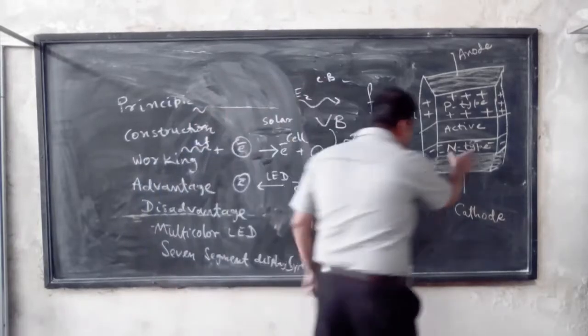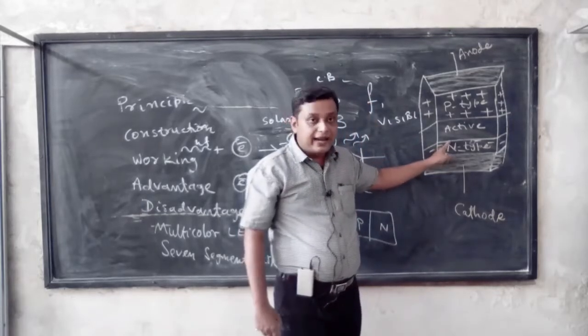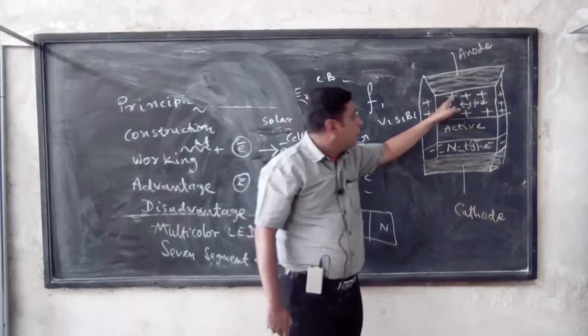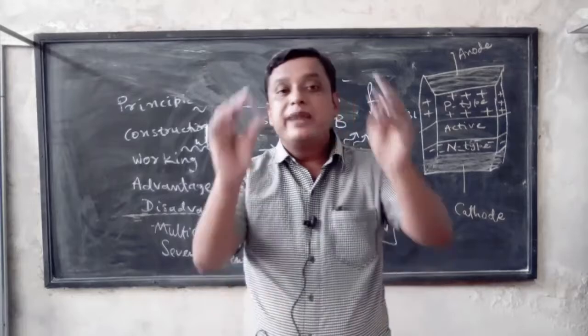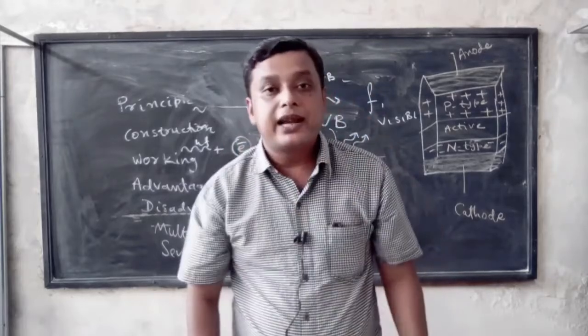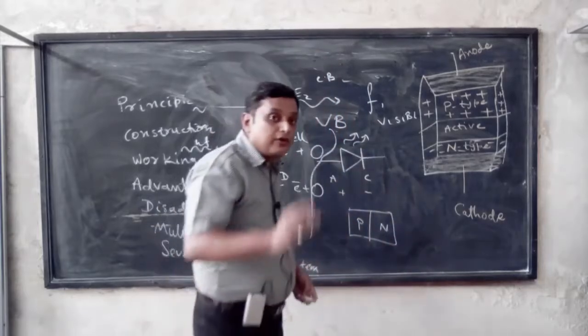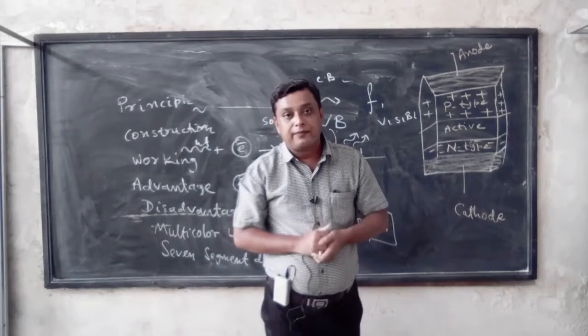So, if this is an N-type semiconducting material, majority charge carriers will be electron. In P-type semiconducting material, majority charge carriers will be hole. But what happens in between the P-type semiconducting material and the N-type semiconducting material? Between these two, the P-type region and N-type region, we have a depletion barrier.